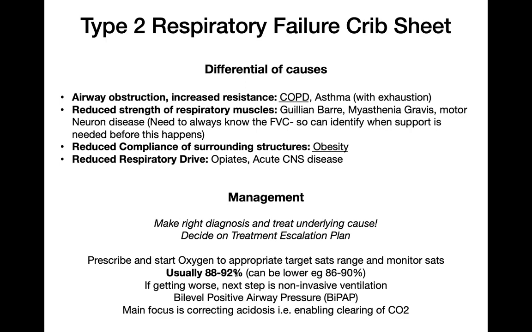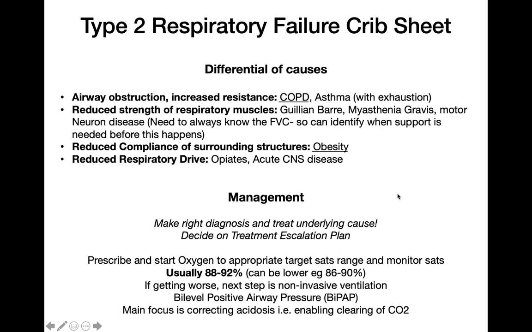And the mechanism for this is complex. It's multifactorial. It used to be thought there was an element of relying on the hypoxic drive, but I think actually it's multifactorial, but you can say something like that if you want to. If getting worse, and when we're looking at that patient that we were talking about, acute on chronic, we know they've got an underlying lung condition, and we might be able to start reversing what's triggering their problem, but they've got this underlying condition, so they're going to be unwell for a while.